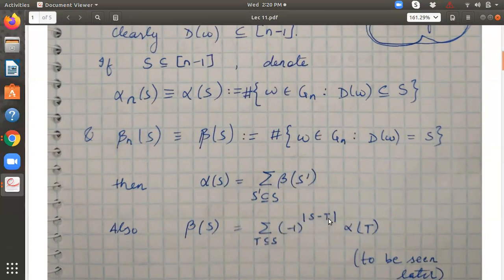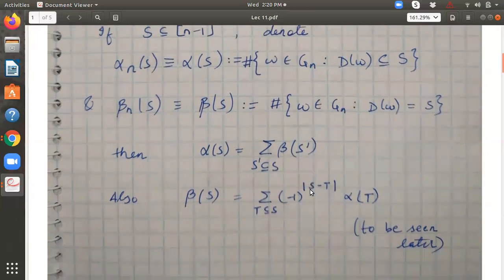So t is a subset of S. Just how we did here, you run it over all subsets of S, and sort of like the inclusion exclusion principle, whenever this number is odd, you subtract it, whenever this number is even, you add it.